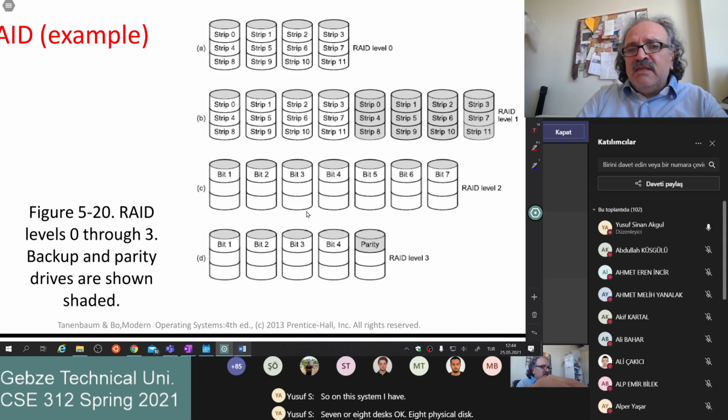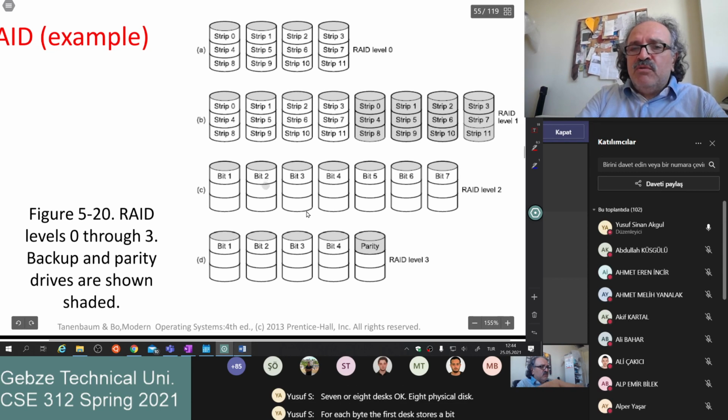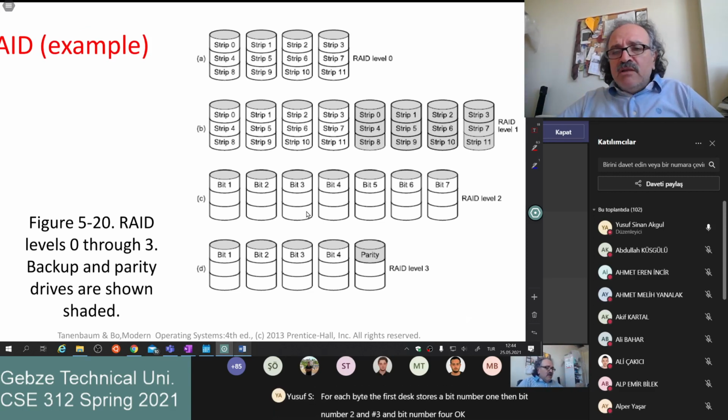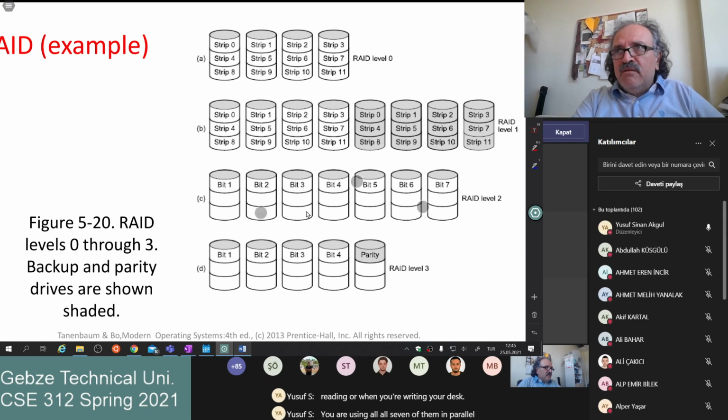For each byte, the first disk stores bit number 1, then bit number 2, bit number 3, and bit number 4. When you are reading or writing, you are using all 7 of them in parallel. That means I have a 7-fold speed up.